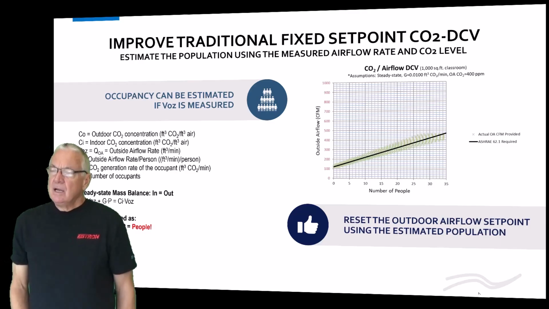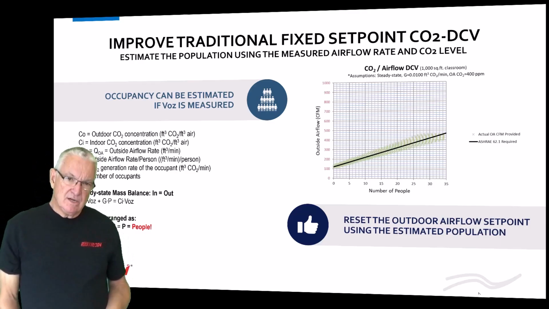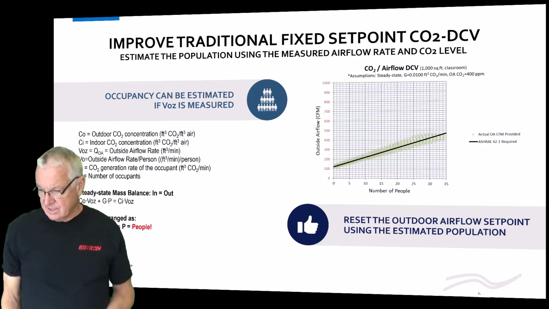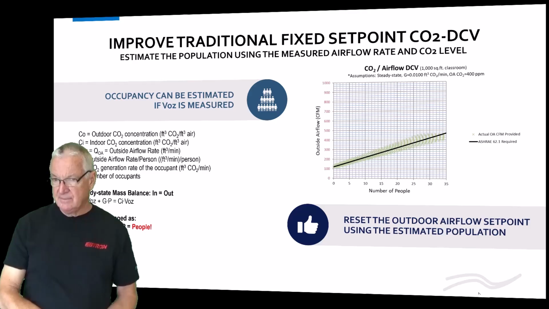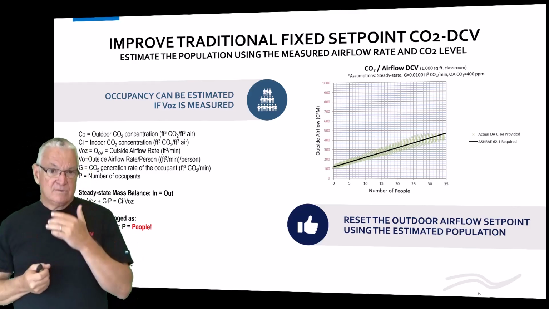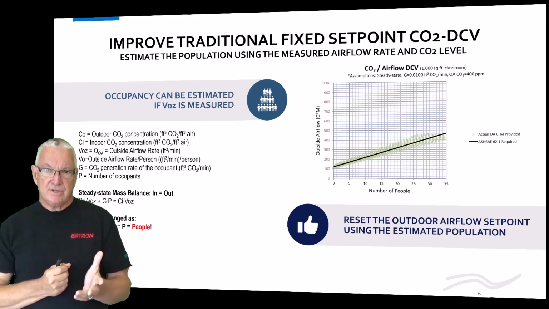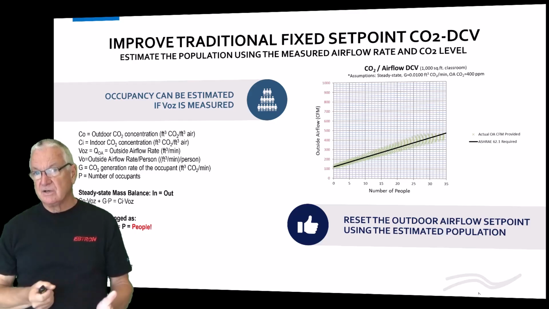Now, this is something you can consider because, and we started to talk about this maybe 15 years ago, it still has the problems of steady state in it. But once you understand this relationship between CO2 and ventilation, you realize they're codependent.